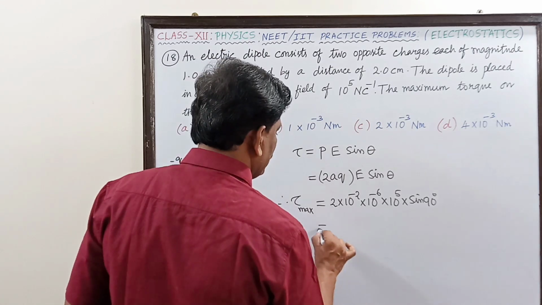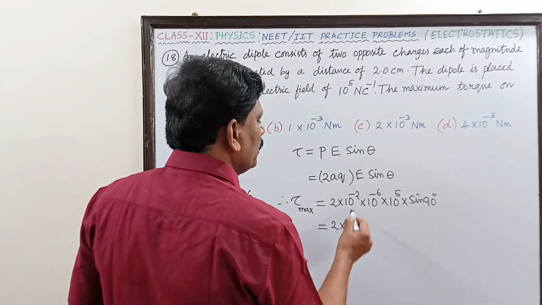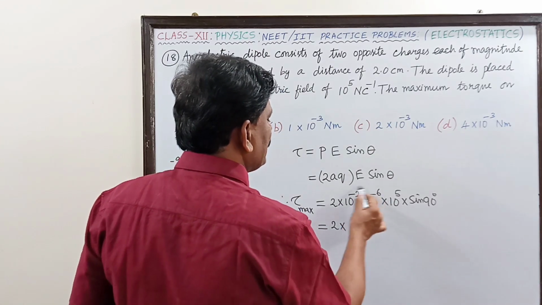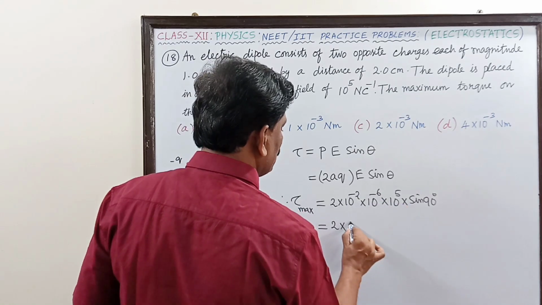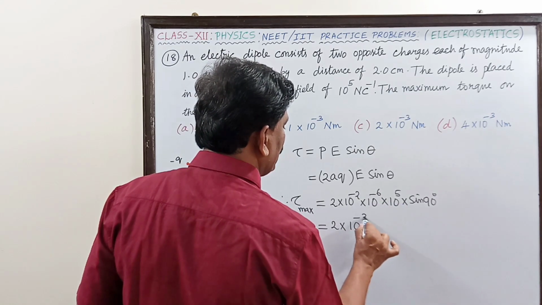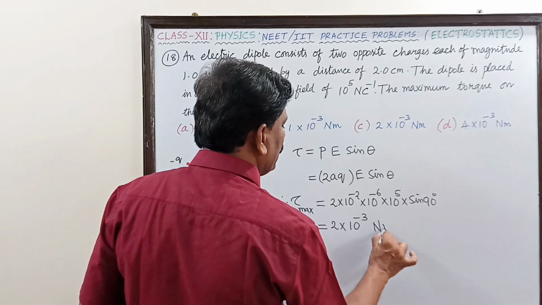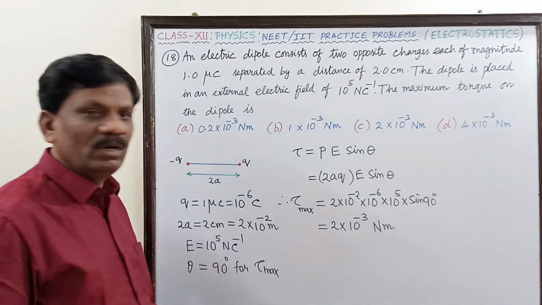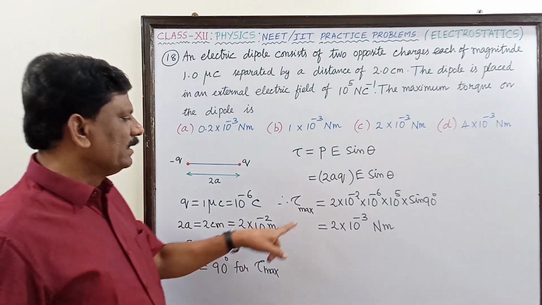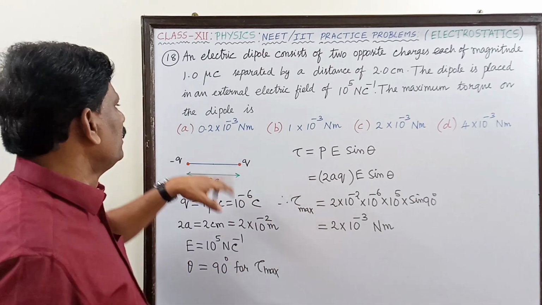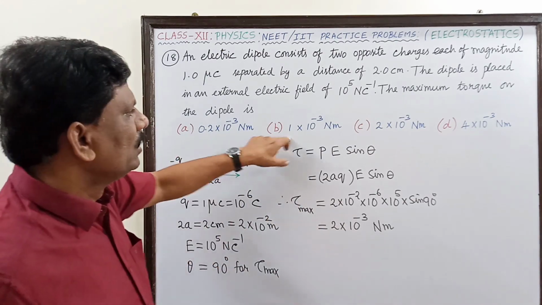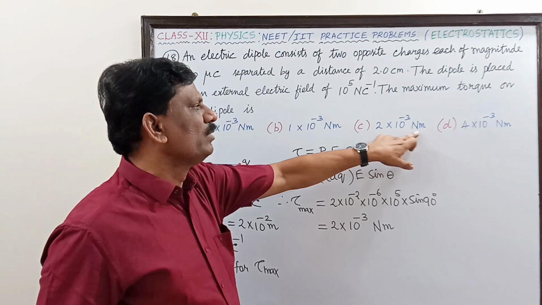This is equal to 2 into 10 power minus 8 plus 5. So this is 2 into 10 power minus 3 Newton meter. This is the expected answer for the maximum torque.